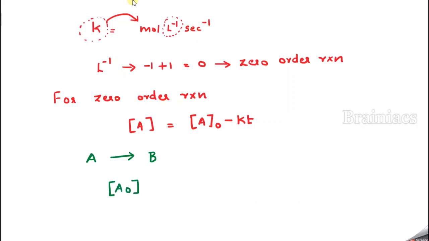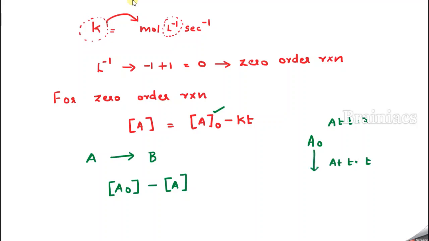After some time it has decreased to a final value A. So initially A0 was present, at time t is equal to 0. Now after some time, at time t is equal to t, what happened?